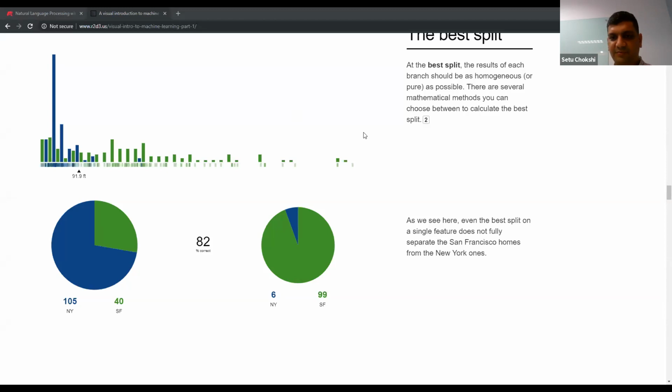So at least I know there is none. I just want to make sure that you understand this piece, because this is something that will keep coming over and over again, and we will develop formulas on how we determine the best split. So before we get into the best split, I just want to make sure you understand intuitively what the split is trying to do. Do you understand what the split is trying to do? No questions? All good?